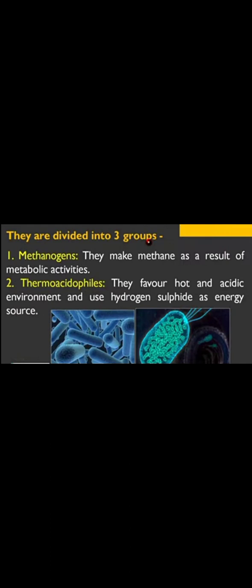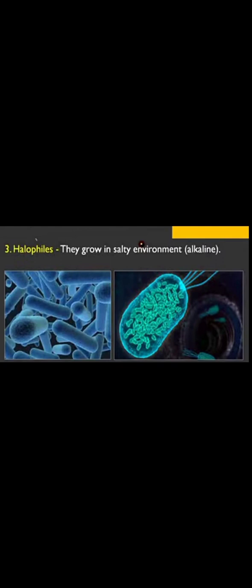Thermo means temperature, so they favor a hot and acidic environment. Then halophiles. Halo means saline, so they grow in a salty environment.